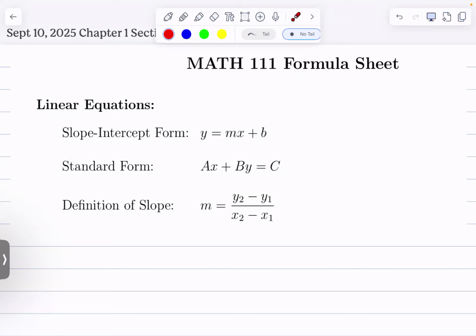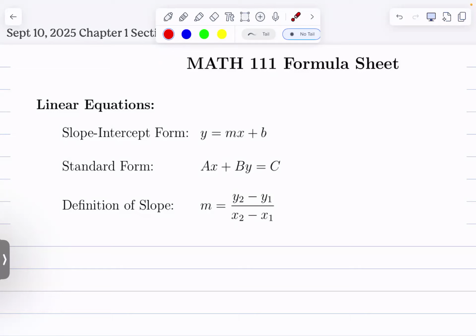So, in terms of the formula sheet, I didn't post the full thing because there are some sections that we're not doing that I want to remove first. But just so you're aware of what you will have on the formula sheet for this section, it's this. Now, we just ended on y equals mx plus b on Monday.